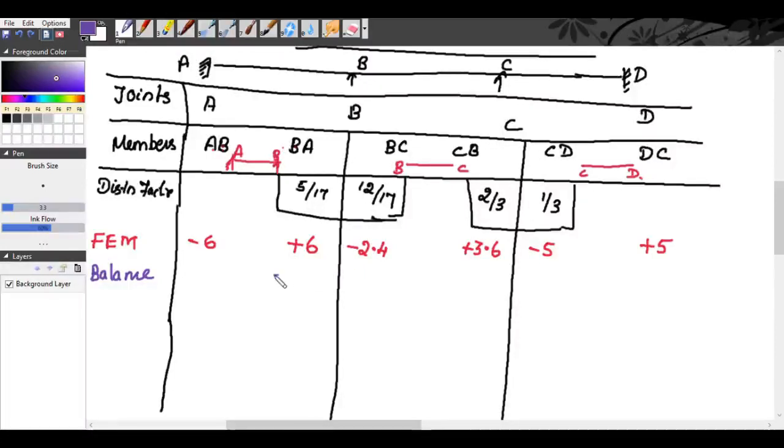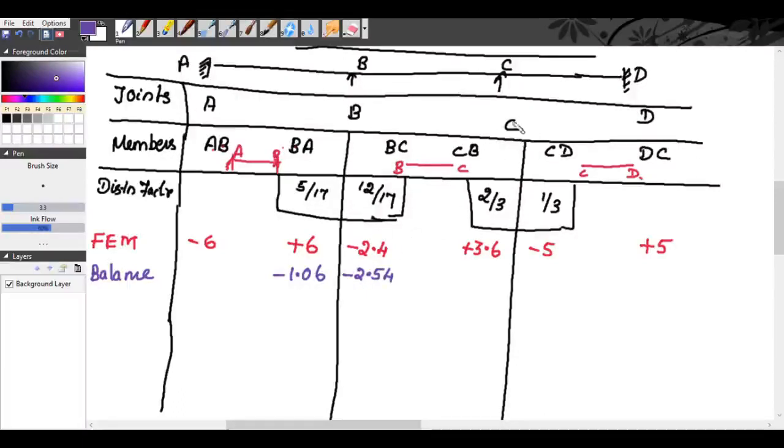Again for BC, you add plus 6 minus 2.4, it is 3.6, multiplied by 12 by 17, we get 2.54. So for balancing, it is minus 2.54.